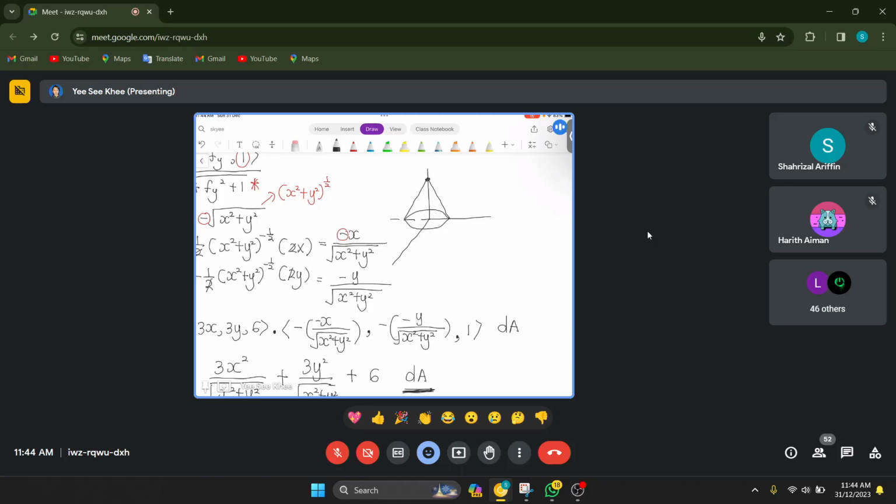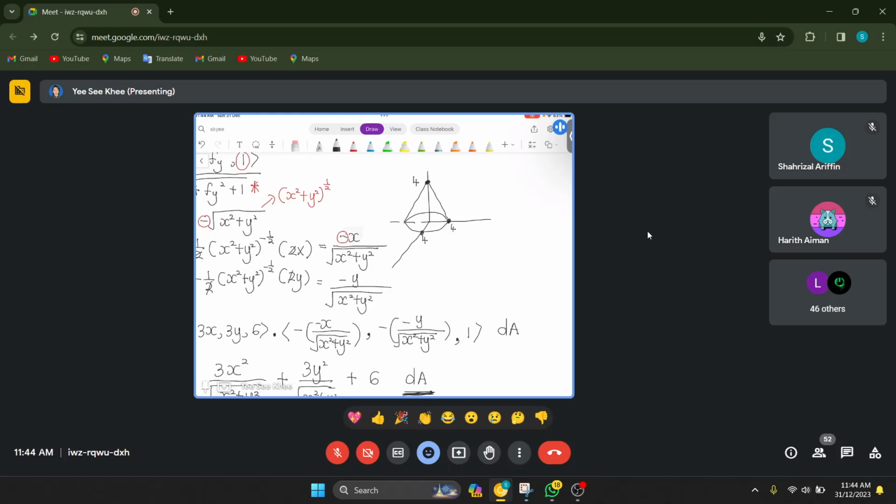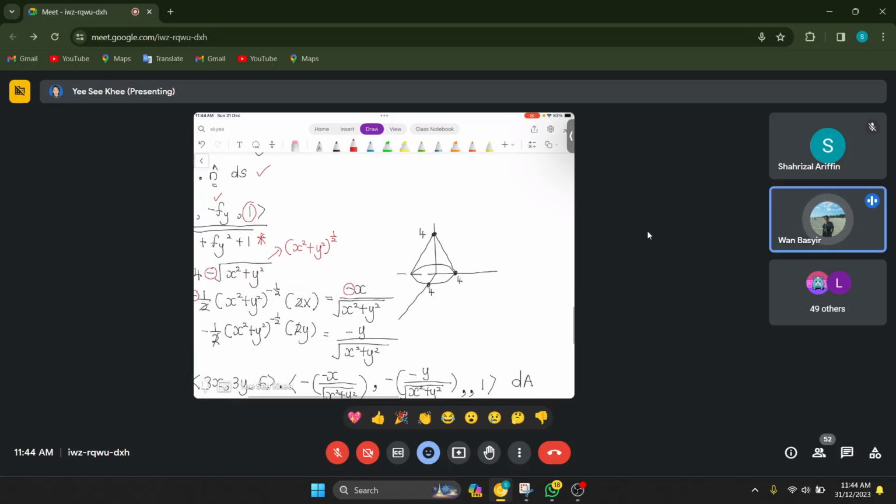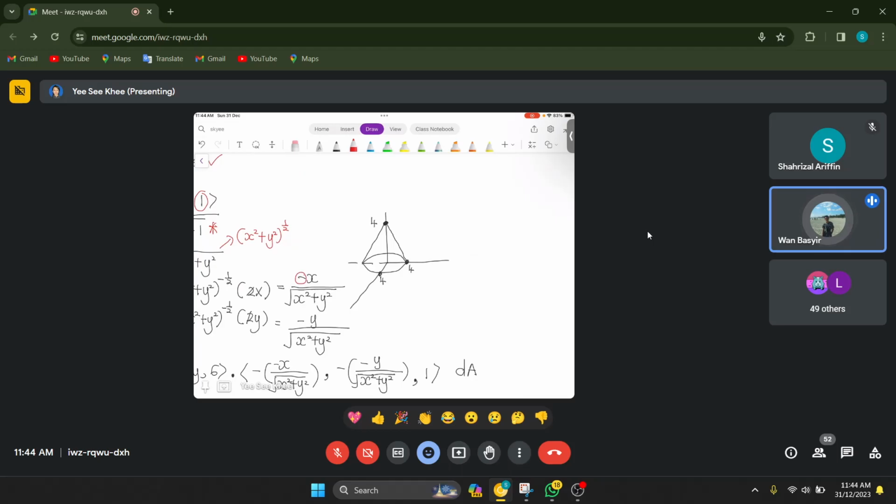So this point you can find out as 4, and this one you can also find out as 4. How to know this one is 4? You can look at the equation here. The maximum value of your z will be 4 because 4 will be minus something, so the value will be lesser and lesser. Any questions?